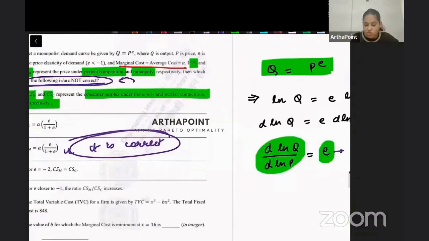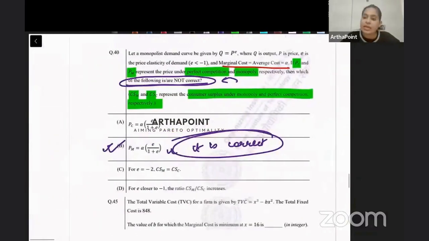and they're asking which statements, that the two consumer surpluses are equal. Now let me explain to you the concept of consumer surplus. So what happens? Now this is your AR of a monopolist, right?